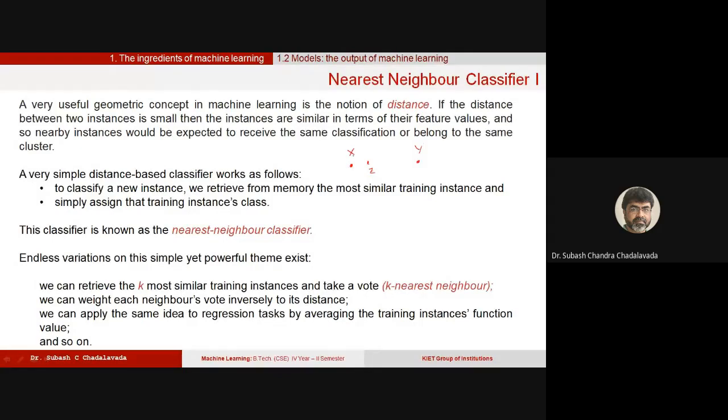This instance is type X. This instance is type Y. If I have a new instance Z, what is it likely to be? Of type X or type Y or a different kind? Anybody? Pravalika, Lavanya, Gautami, Gauri, Priyanka, Madhavi. Anybody?